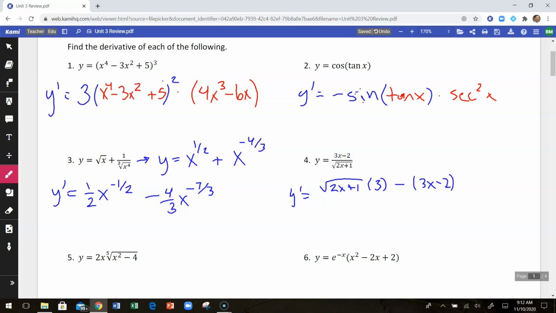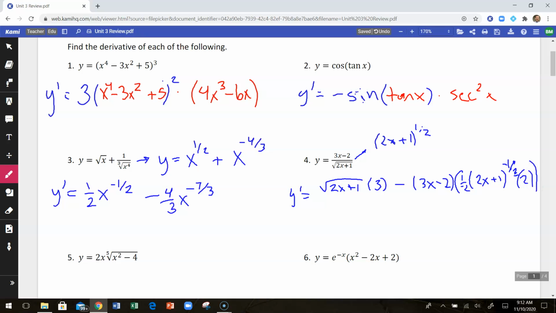So when we do the derivative of the bottom, the square root of 2x plus 1, I want to think of rewriting that part as 2x plus 1 to the 1/2 power. So when I do the derivative of the bottom, I'm going to do the power rule, 1/2, keep it 2x plus 1, to the negative 1/2 power, and then we're going to chain on the derivative of the inside, which would be 2.